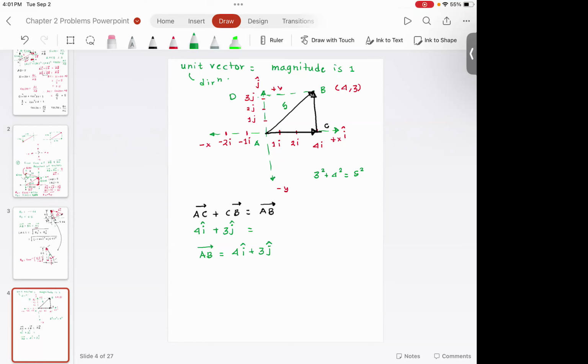I want you to travel along AB. From the figure, you know that AB is the hypotenuse of the triangle. But what you don't know is in what direction AB is.